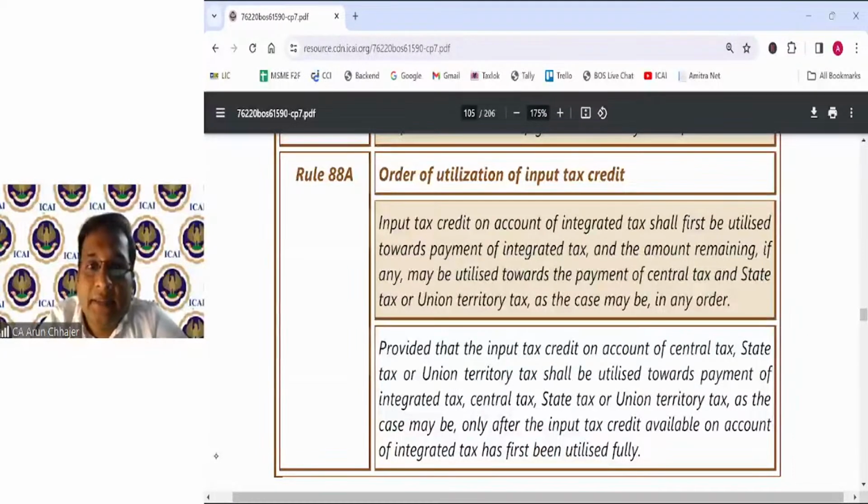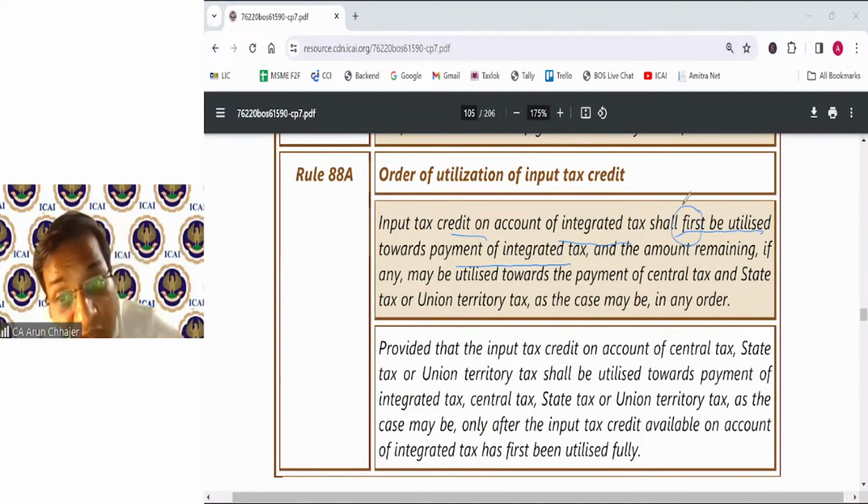Input tax credit on account of integrated tax shall first be utilized toward the payment of I. So it has given the order of utilization of IGST. It says that if I has the balance of ITC, it will be used toward the IGST liability first.